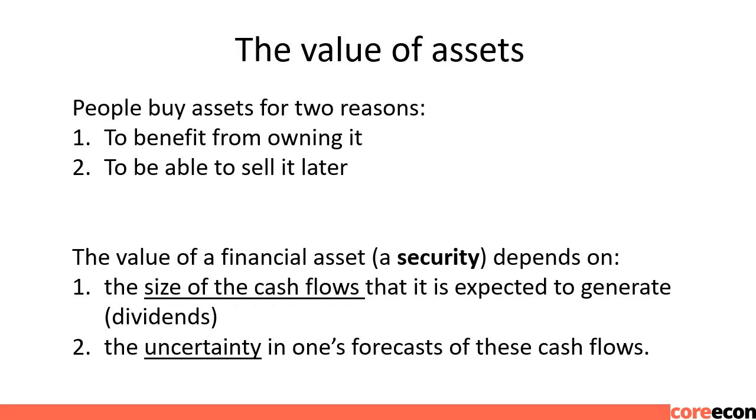The size of the cash flows that it is expected to generate, dividends for stocks or interest payments for bonds. 2. The uncertainty or risks in one's forecast of these cash flows and what you think it will be worth when and if you sell it.